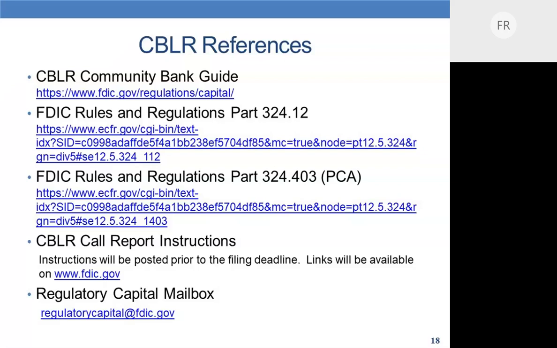We also received another question. Are Federal Home Loan Bank, or FHLB, letters of credit counted in the off-balance sheet exposures calculation? The answer to that is no. Letters of credit extended by the FHLB and provided to the bank are not included in the off-balance sheet criterion of the CBLR.